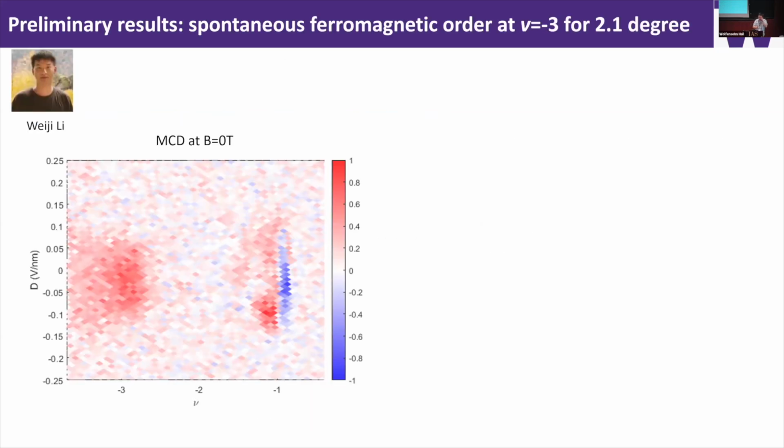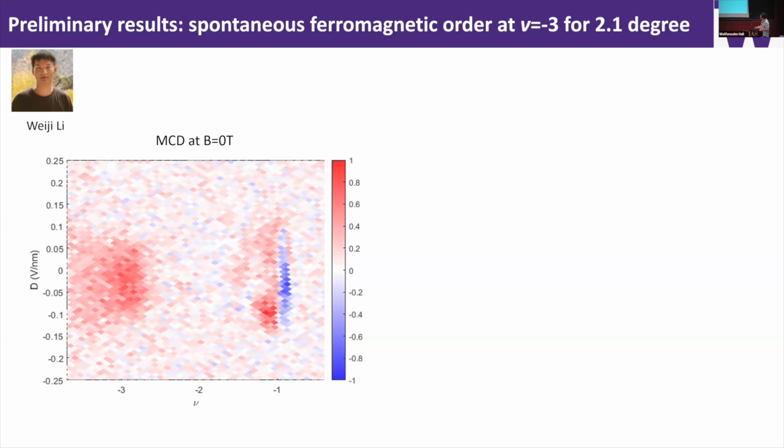So here are the results we have. The measurements were done by my postdoc Wei. I'm just going to show you the main results from these 2.1 degrees. And again, hopefully at this point you are familiar with these MCD measurements, so I'm not going into details again.